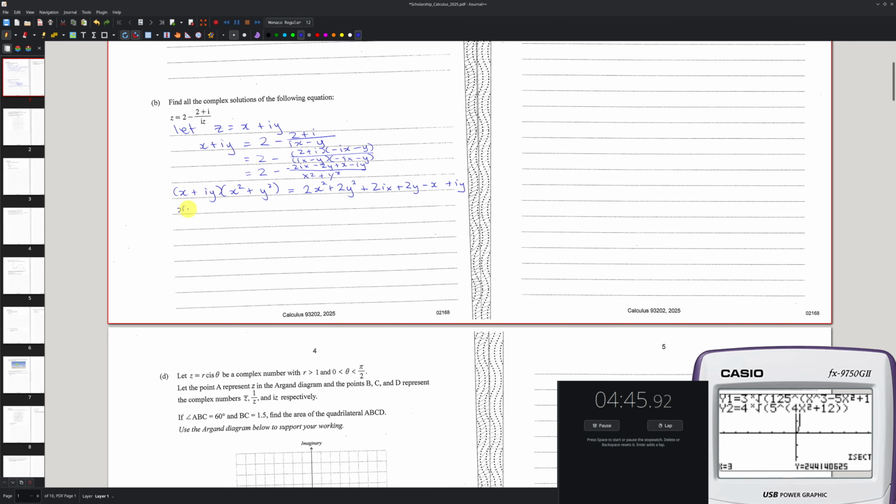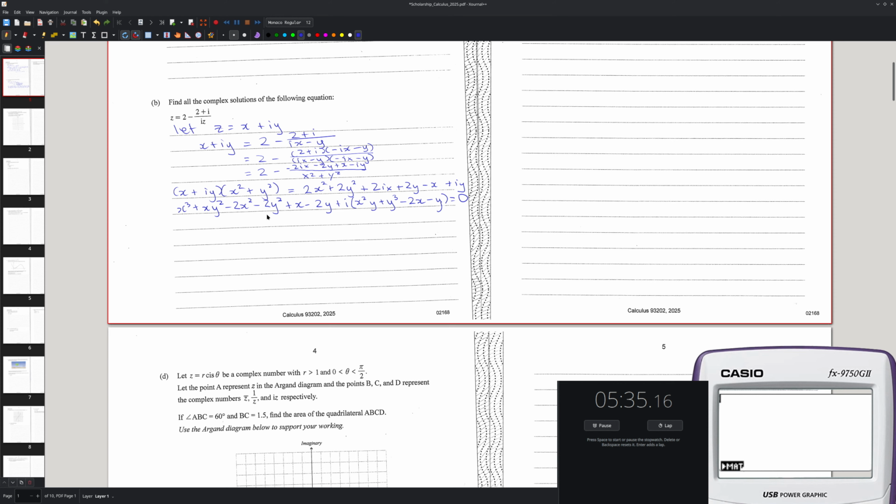So we get x cubed plus xy squared minus 2x squared minus 2y squared minus x plus 2y plus x minus 2y, plus i times (x squared y plus y cubed minus 2x minus y) equals 0.